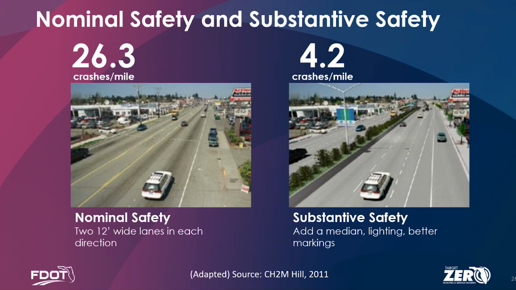These alternatives are made up, but they were done using a predictive analysis. So you're looking at 26.3 crashes a mile and 4.2 crashes a mile when you start doing the HSM Part C. And it shows the difference between just meeting design standards versus making decisions and going to that substantive safety that takes it a step further.